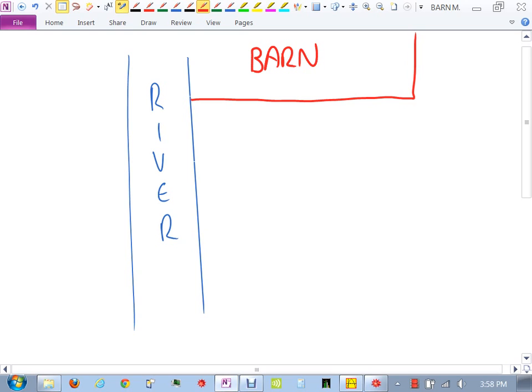Okay, so you have a barn and you have a river. This barn is, let's say, 100 feet long.